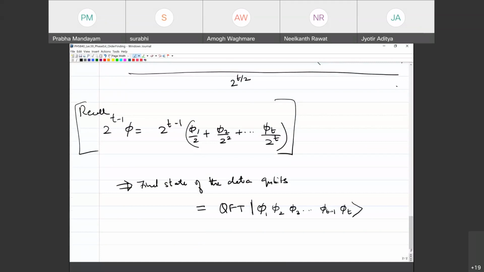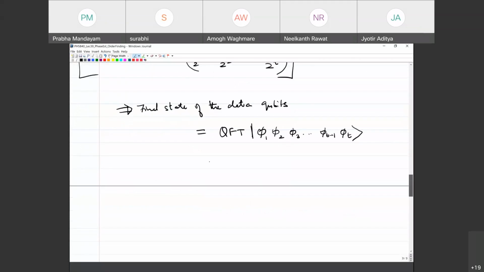And this is indeed what we called the phase φ in some sense. So you can think of this as ket φ, but since φ is something between 0 and 1, and we call this in powers of 2, let's not call it that. But the point is, if I want to estimate φ, it means that I want to know what is φ_1, whether φ_1 is 0 or 1, whether φ_2 is 0 or 1, etc., up to φ_t.